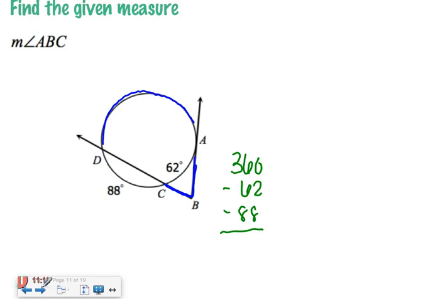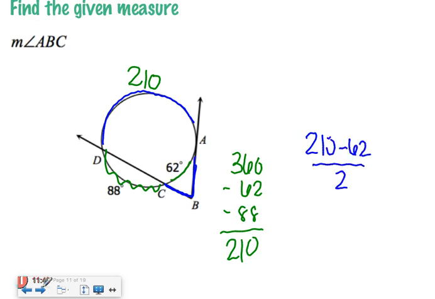I know this part's 62, and this is 88, so what's left over of 360? 210. So now we can take 210 minus 62, divided by 2. 148 divided by 2 is 74.